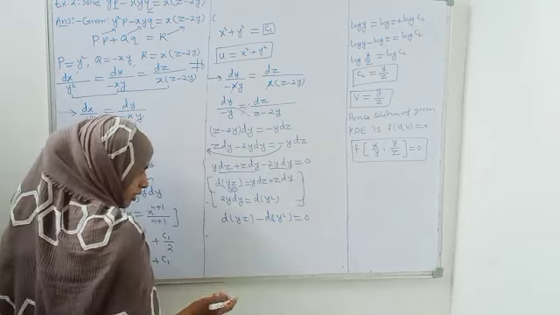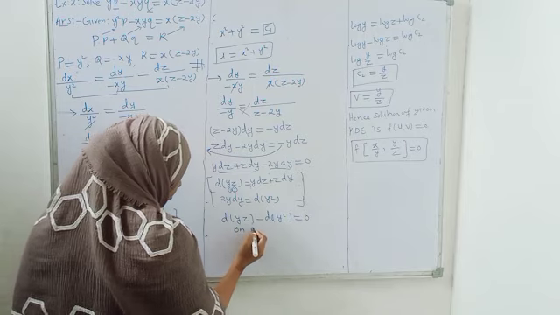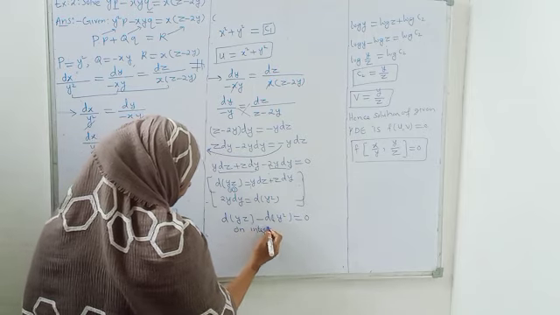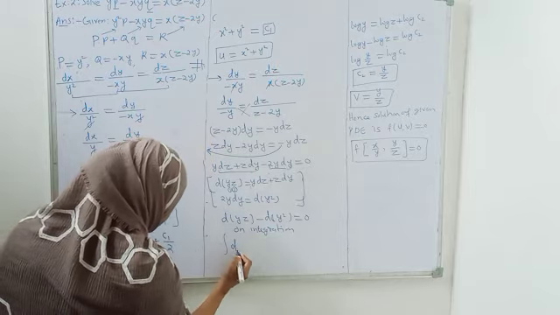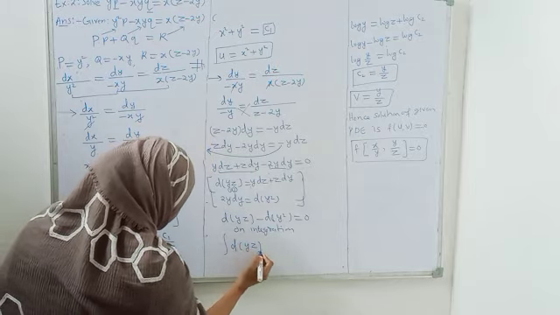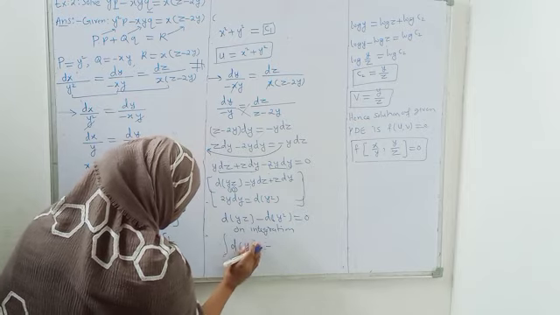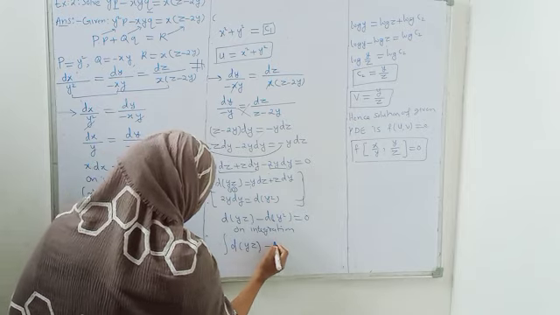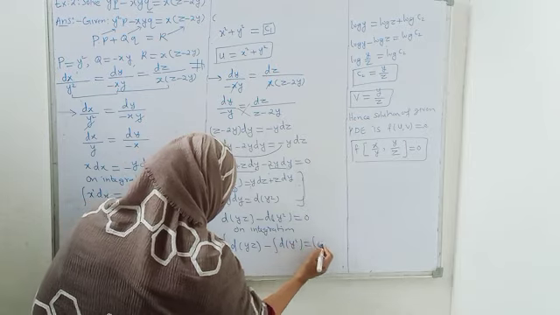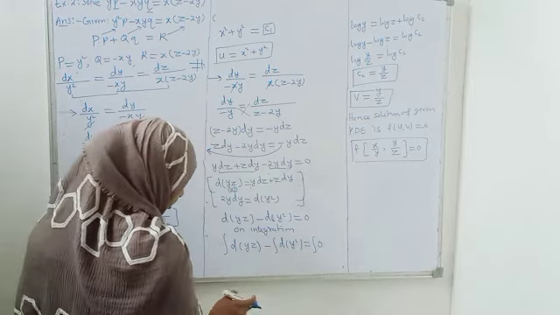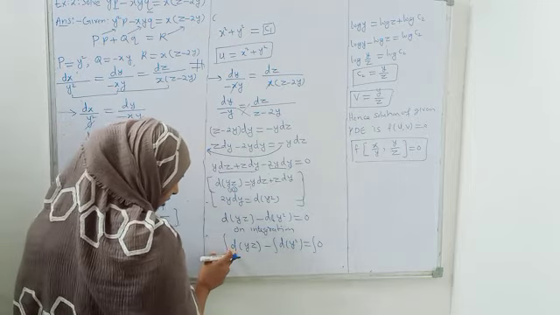Now we can take integration. Integration of d of yz minus integration of d of y square is equal to integration of 0. When integration and derivative come together, they cancel.